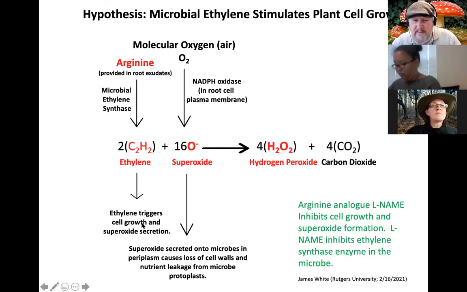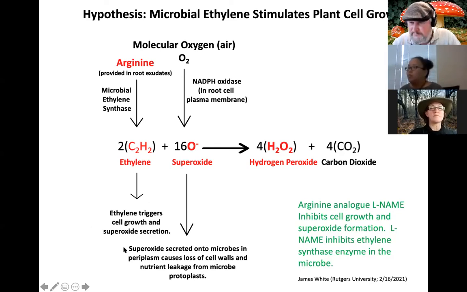The ethylene goes into the root cell, and it will trigger root cell growth. And it will also trigger superoxide secretion. We know that it triggers these two things because we can take an inhibitor, an arginine analog called L-NAME, and put it in the system. It gunks up this microbial ethylene synthase, so it doesn't produce ethylene, and we also don't get superoxide being secreted.